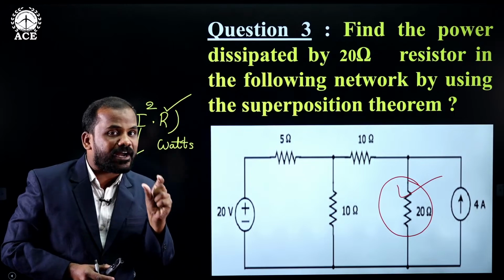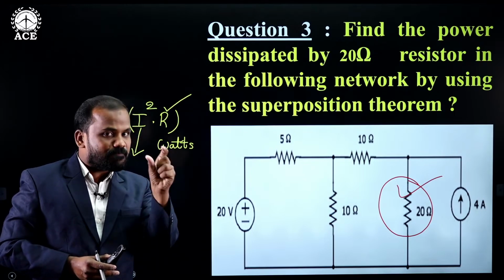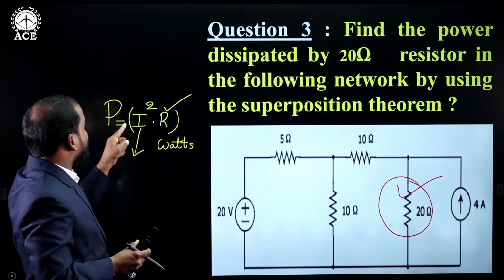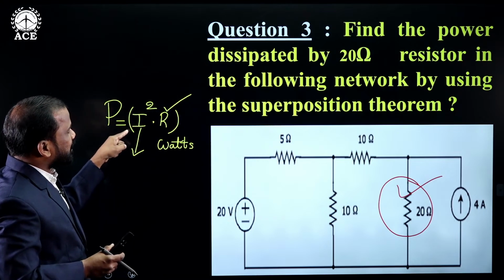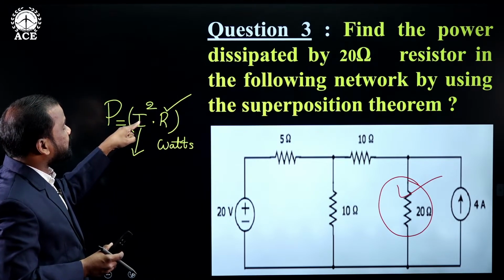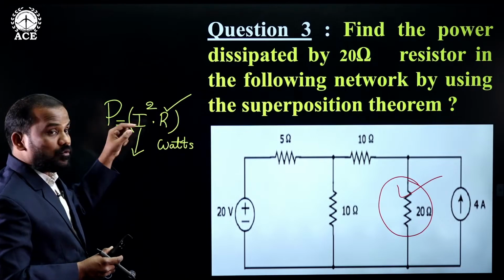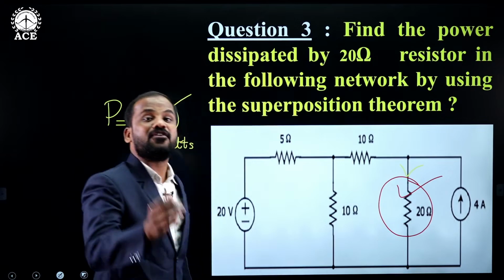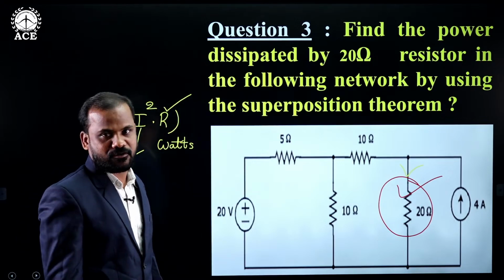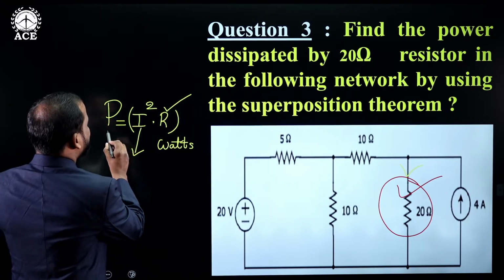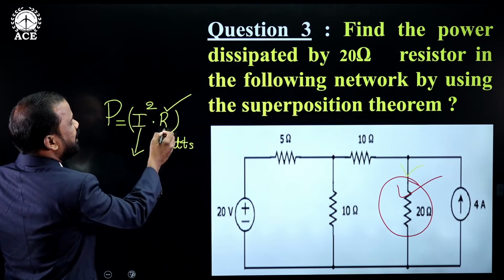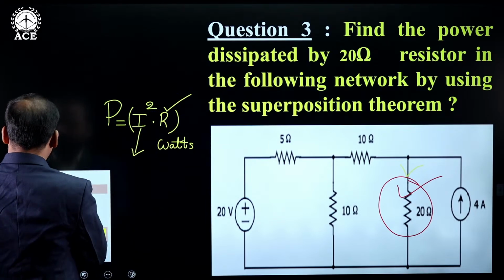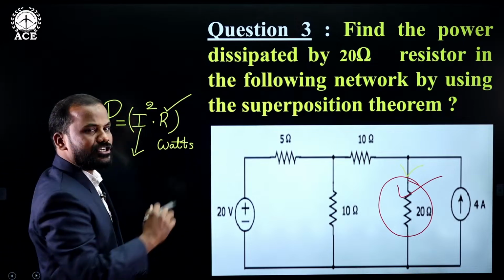Whenever we use this formula for one particular resistor, you need to substitute for I whatever current is flowing through that particular resistor where you want to find the power dissipation.